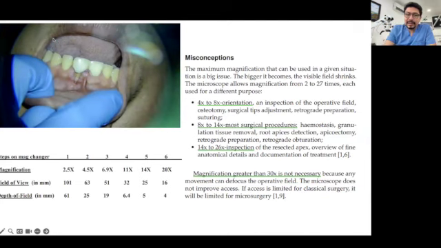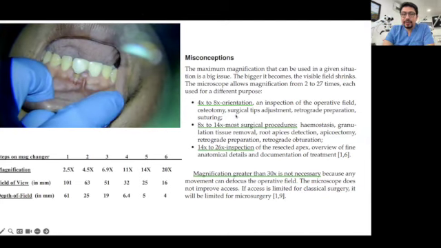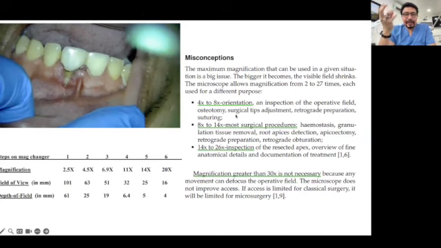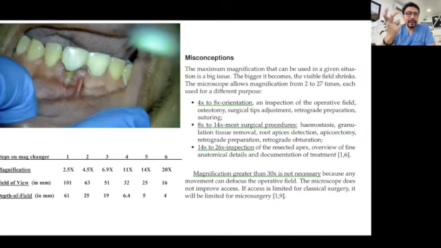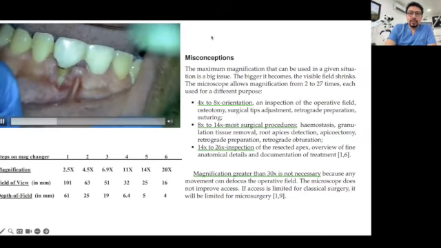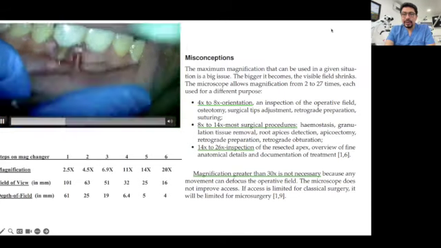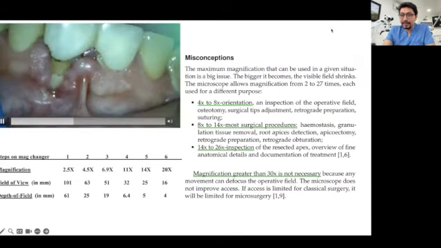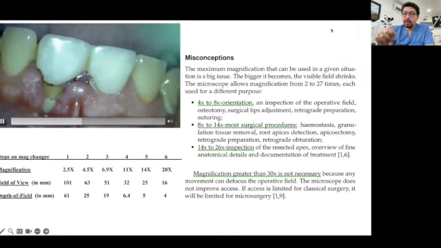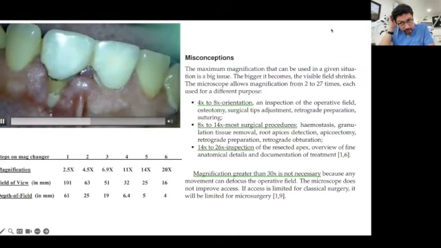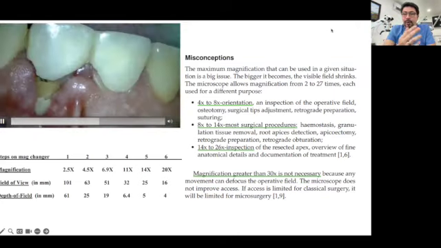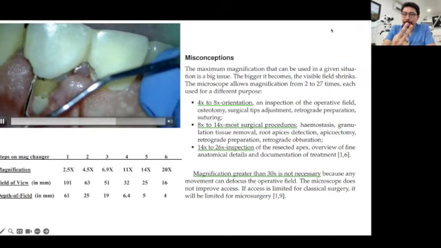So the first steps of magnification, guys, are for an orientation and an initial inspection of the area. If you are going to do your diagnosis, a prophylaxis, for example, or an extraction of any tooth using the microscope, work with the first or maximum second magnification.